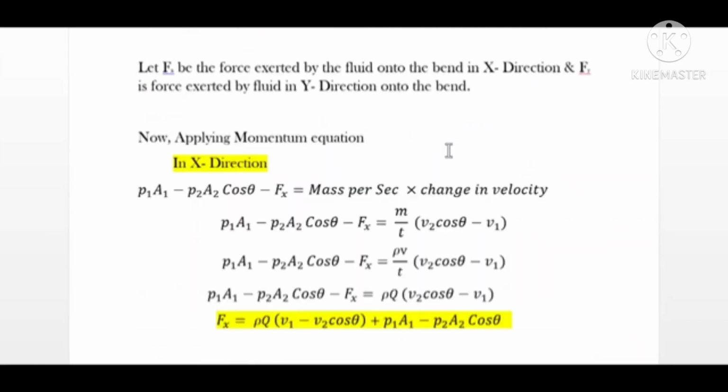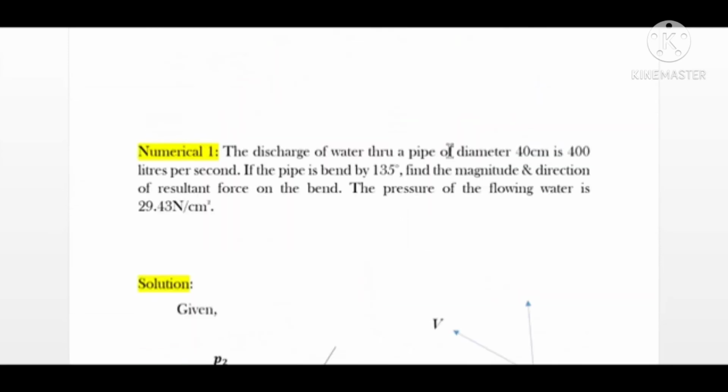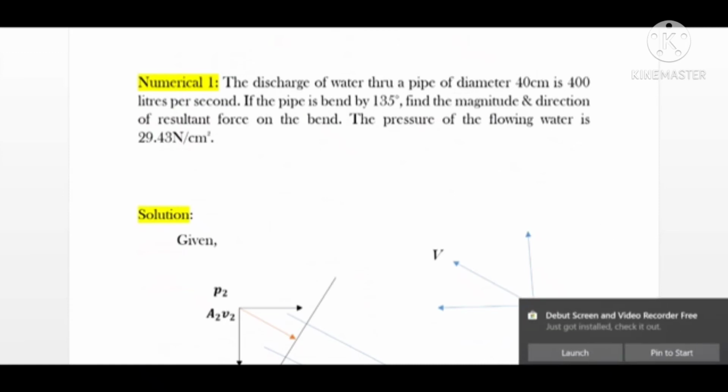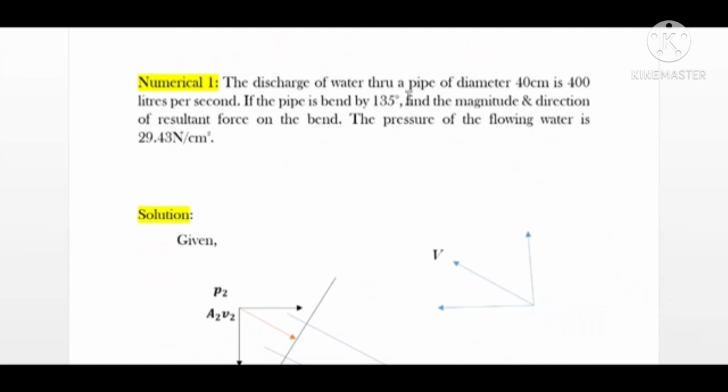Now let us check out one question based on this application. In that question it is given that the discharge of water through a pipe of diameter 40 centimeter is 400 liters per second, and the pipe has a bend of 135 degrees with the horizontal.